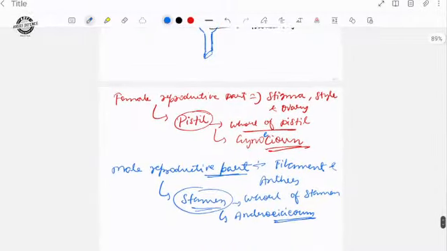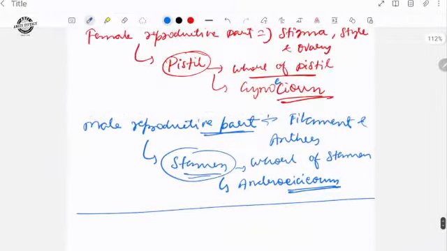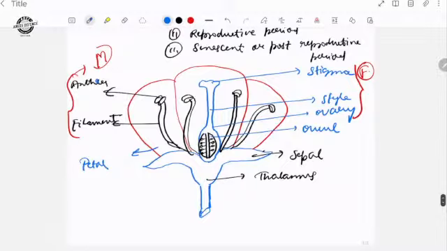Here, the flower, this is the anther. This anther has distinct, very complex parts inside, in which pollen grains are going to form. Pollen grains are the male gametes.